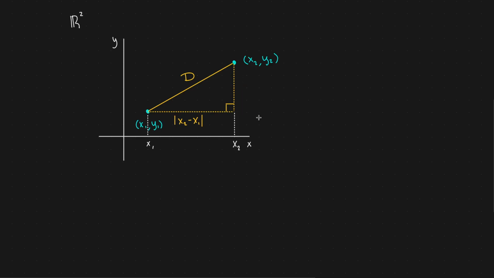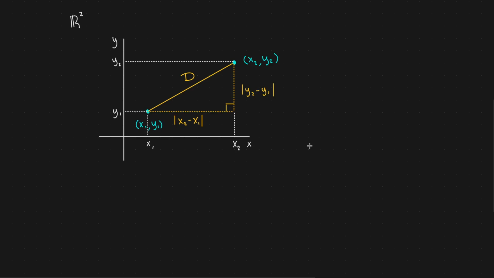It's just the y value that's changing. I'm just changing from here to here. So from y1 to y2. So just changing in one dimension, I just subtract the two numbers and take the absolute value. So I get y2 minus y1. And now I have 3 sides of a right triangle.